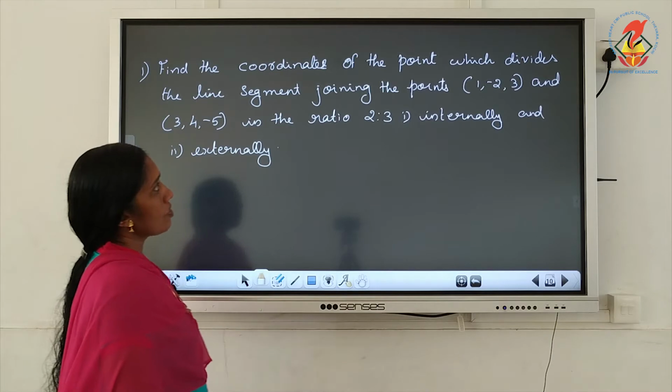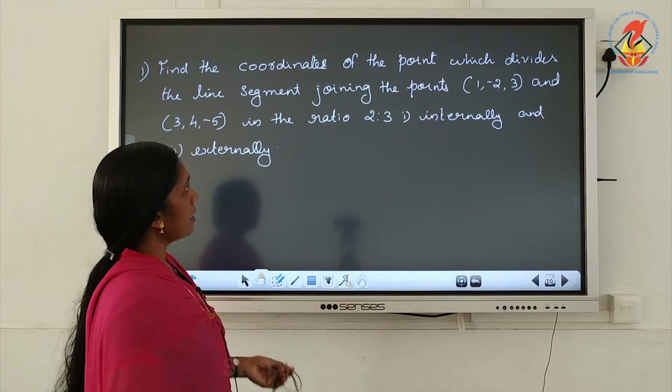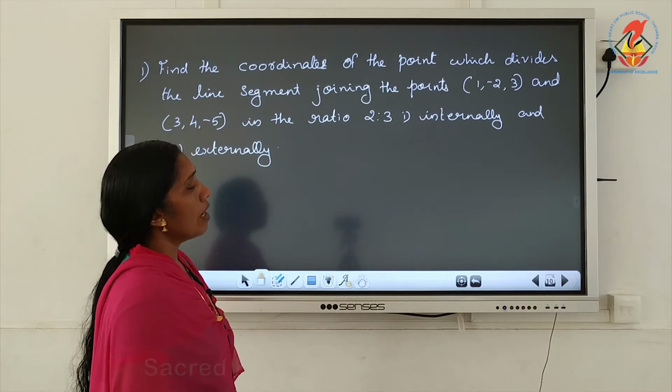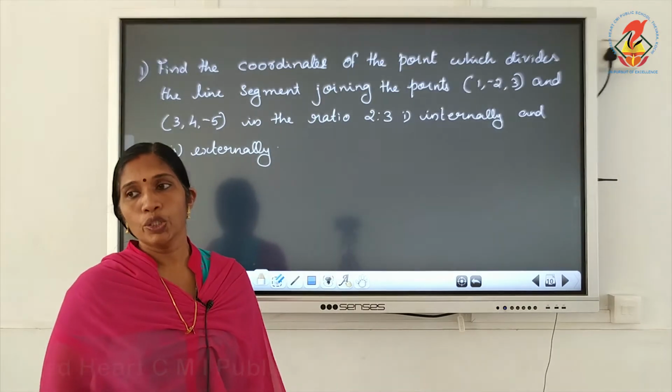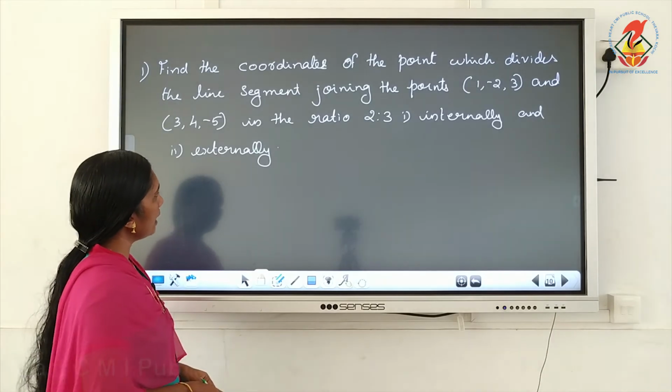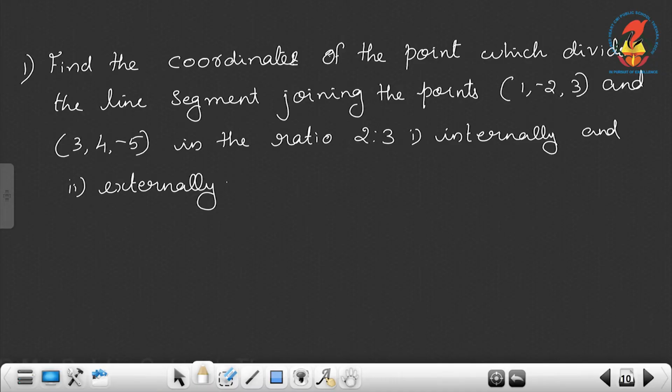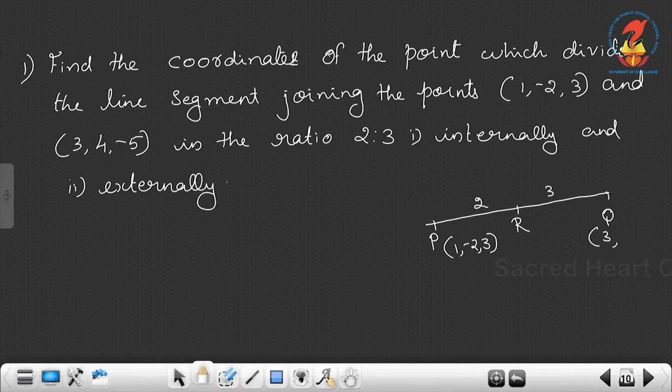Find the coordinates of the point which divides the line segment joining the points (1, minus 2, 3) and (3, 4, minus 5) in the ratio 2 is to 3 internally and externally. So here we have given 2 points P and Q. Let R divide PQ in the ratio 2 is to 3. P is (1, minus 2, 3) and Q is (3, 4, minus 5).